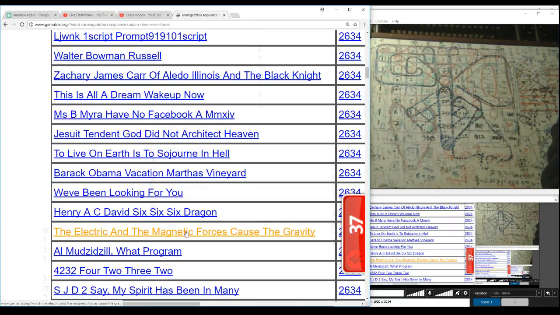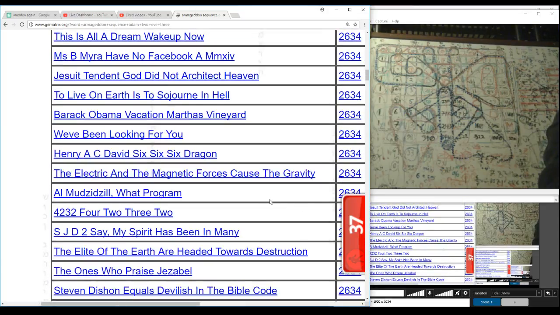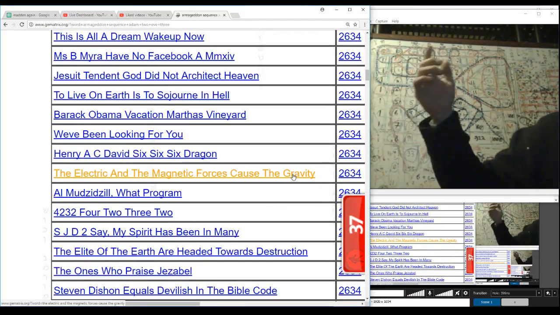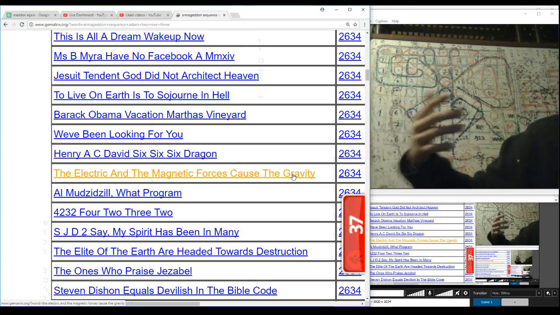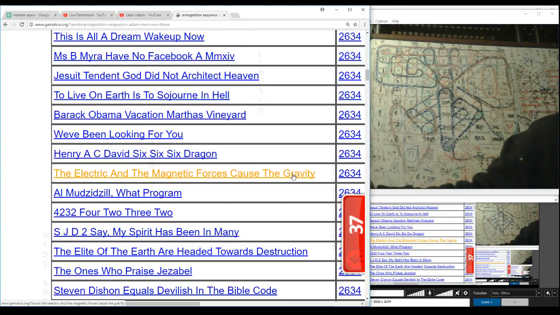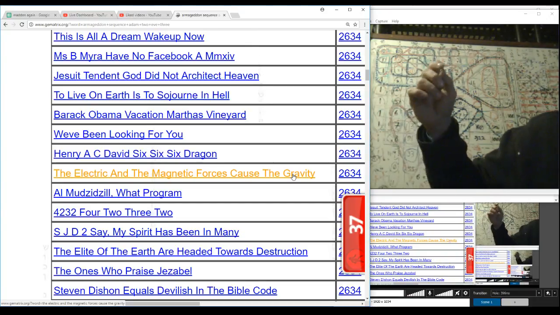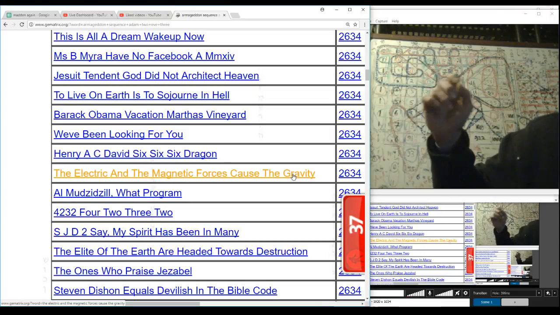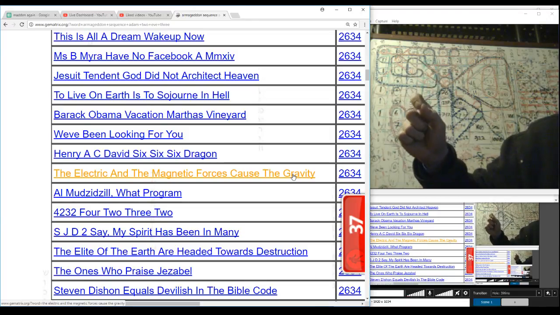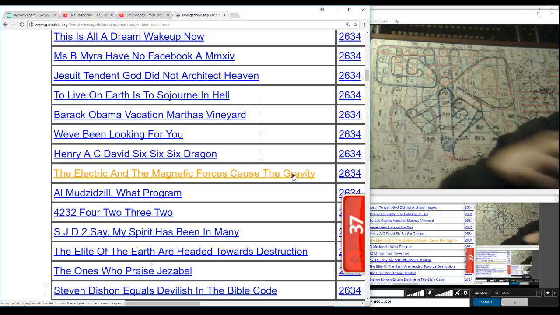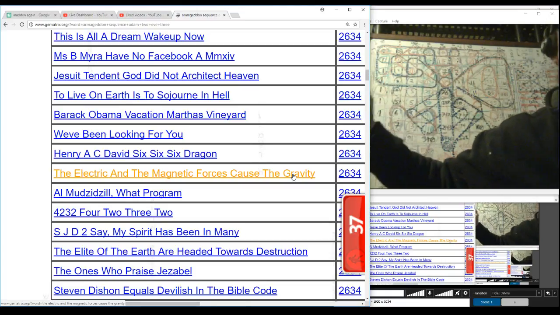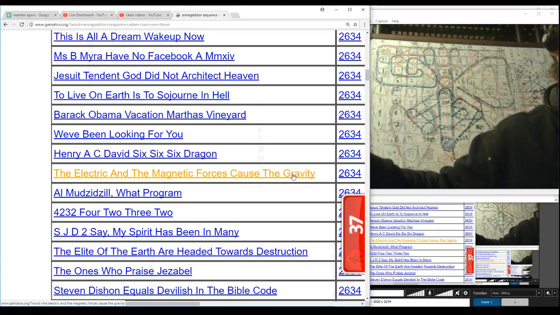The electric and the magnetic forces cause the gravity. Wow. It's just a relationship between two objects, the shape the object takes. Gravity is the relationship between an object, the shape of the object, and the two different mediums it is interacting between, whether it's air and the dirt, or solids, or air and liquid.